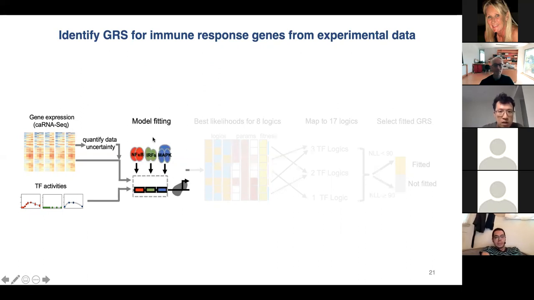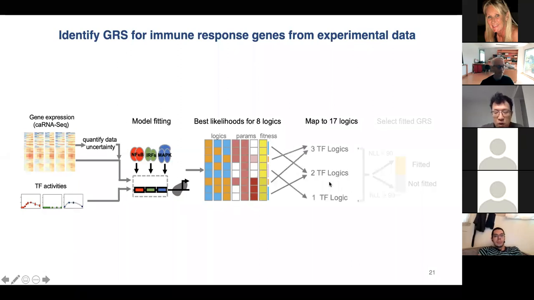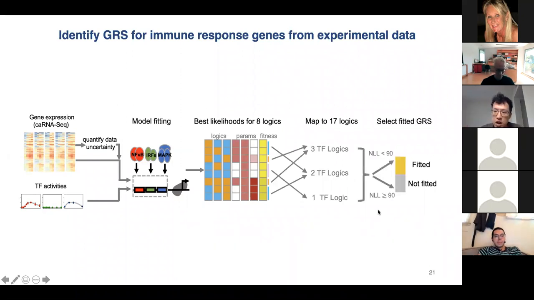We send them together into the model fitting, and then we use the best likelihood to select or screen all possible logic gates. Then we map them back to the 17 logics, and then we can select those fitted GRSs or not fitted GRSs. This is the workflow we have developed.